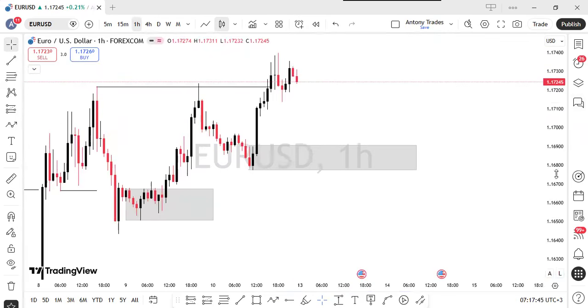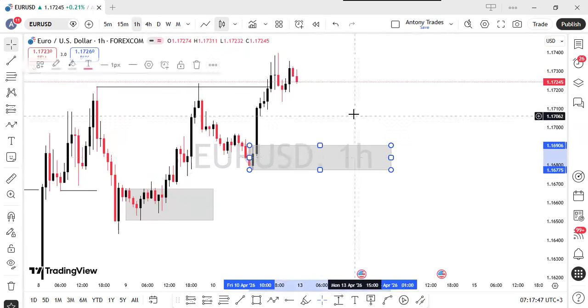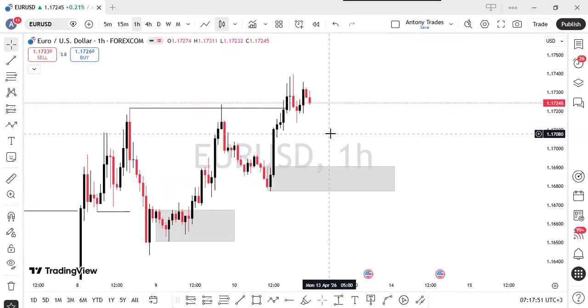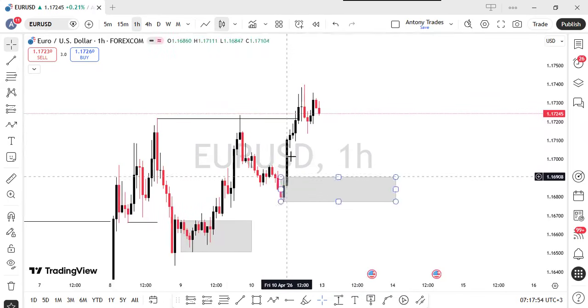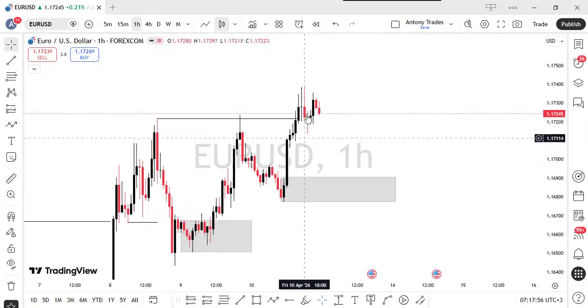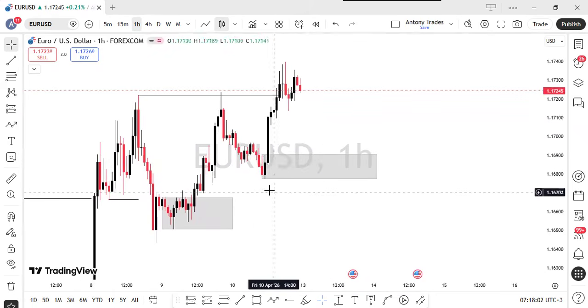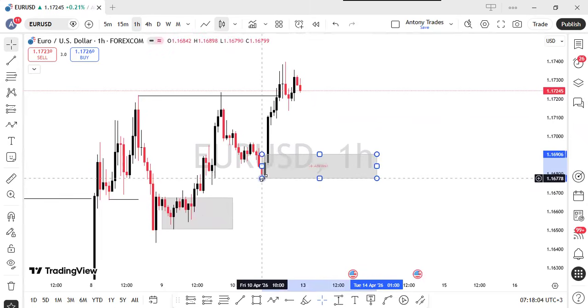Okay. Now, someone might be asking, when you mark this order block, where is your inducement now? Someone might be asking because you can't see any inducement that was formed after this, from this low. Market just went up straight. This is why, guys, you need to wait for a confirmation, my people.